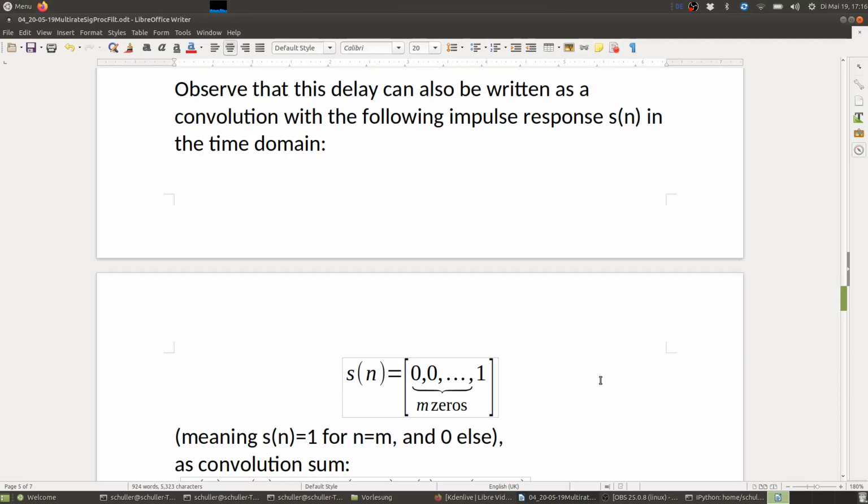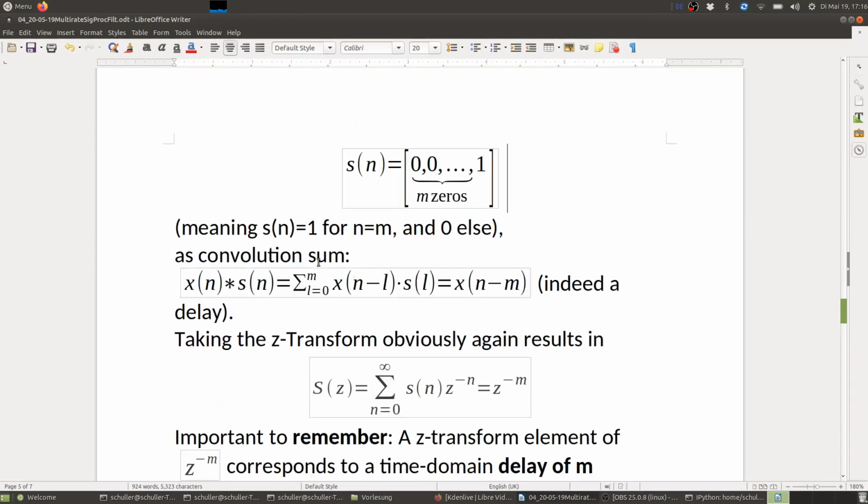So as a convolution sum, we get this result, x of n convolved with s. This is our convolution sum, as we saw before. And we see this s only has a value of 1, unequal to 0, at position l equals m. So then what's left here is x of n minus m.